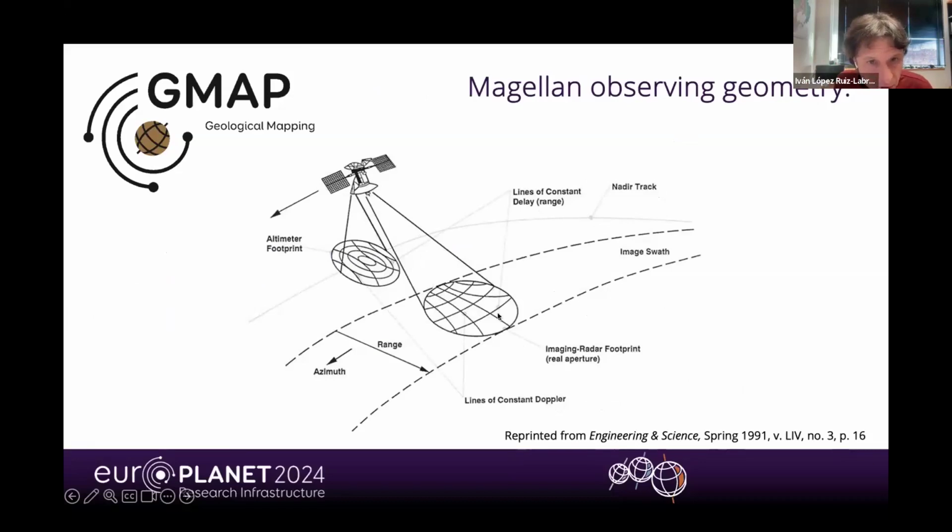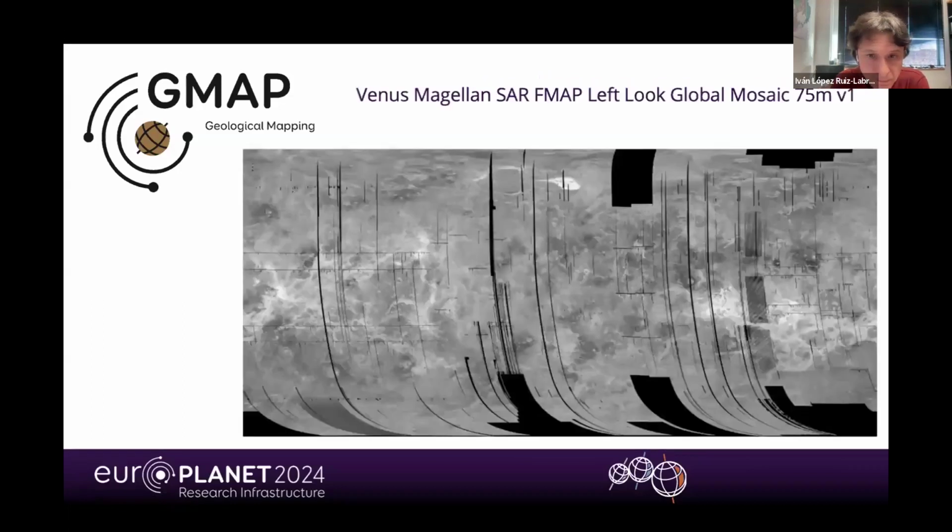This lateral component is very important because the geometry of the image is conditioned by whether you are looking from the right or from the left.